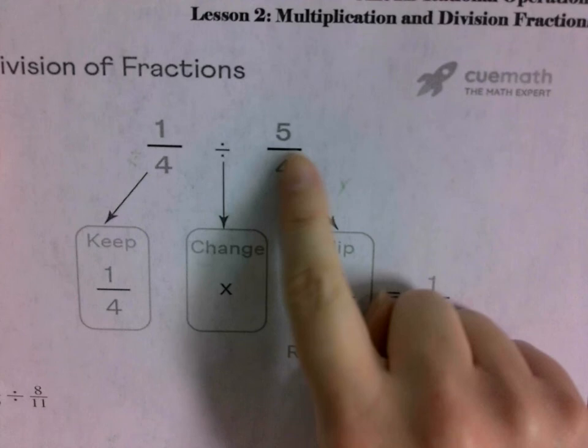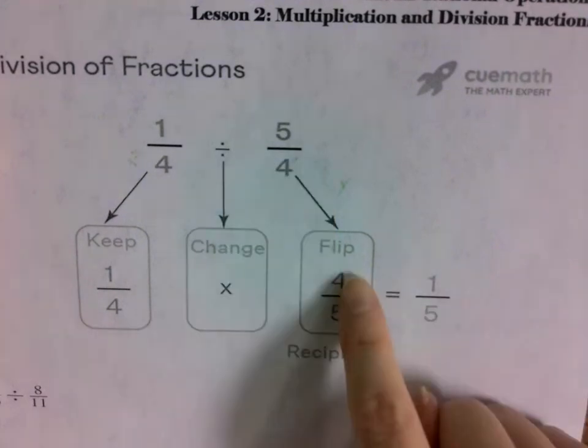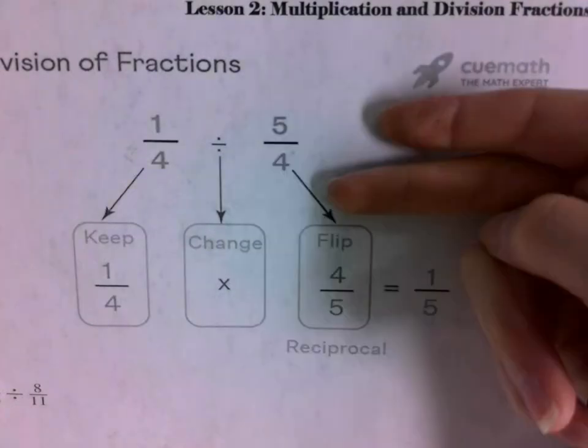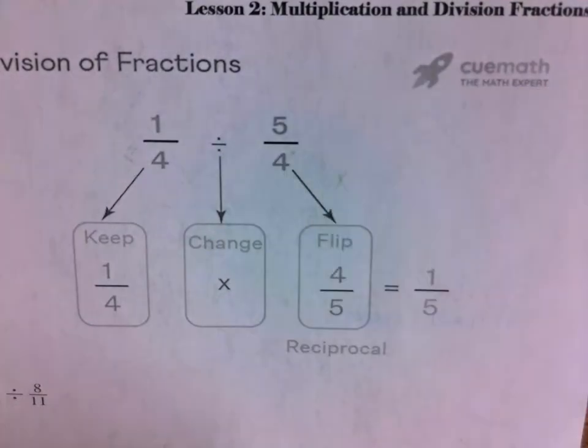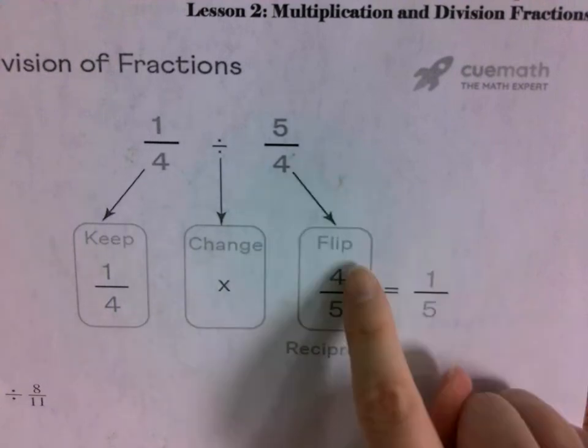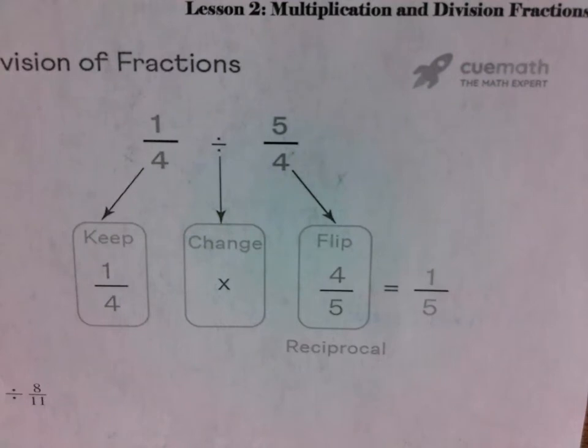That's called a reciprocal. The reciprocal is when you reverse the numerator and the denominator. The numerator becomes the denominator, and the denominator becomes the numerator. You're flipping it upside down, and then you go about the process of multiplying.